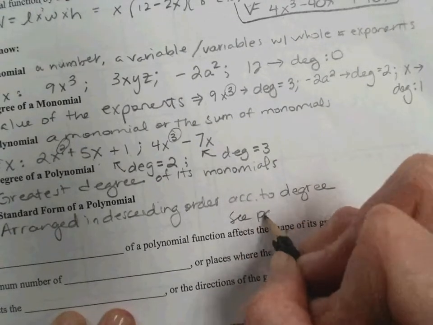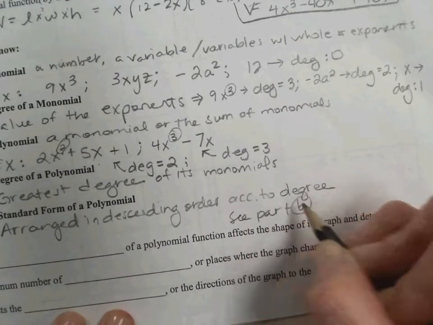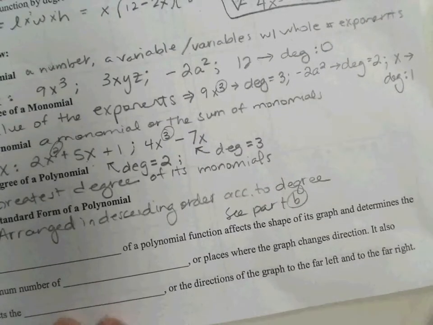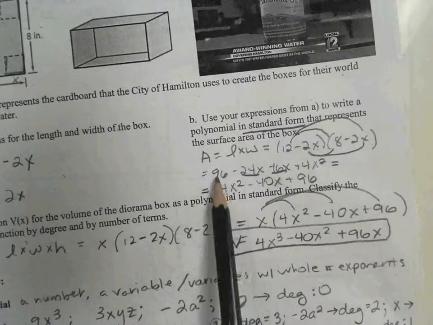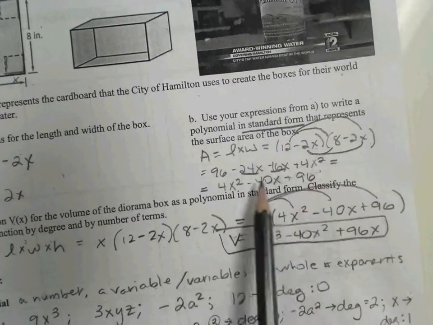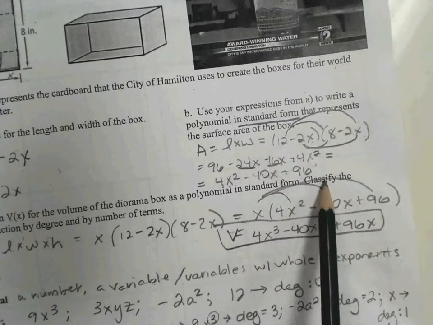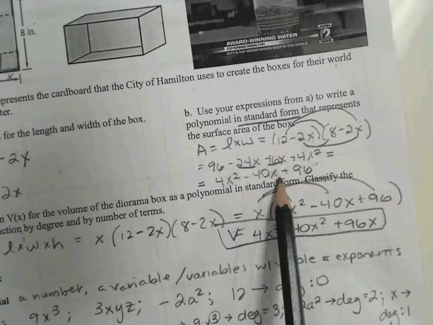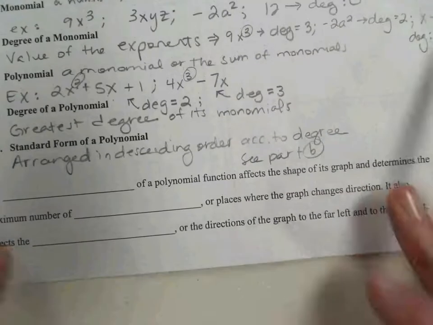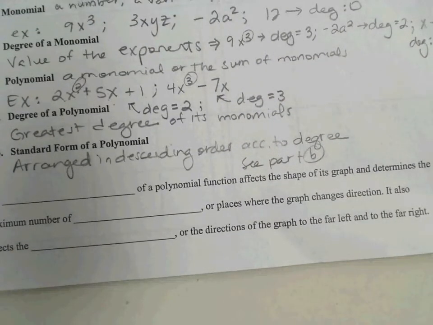We did that in Part B above, where we wrote it in simplified form, but then standard form required that we rearrange things. So descending order according to degree.